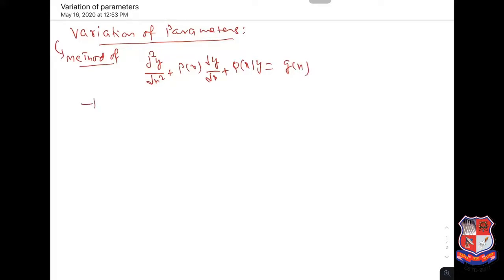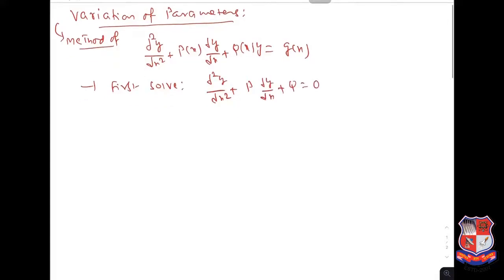Now here we first find the CF. That means first we solve the homogeneous equation. So that is d square y by dx square plus p dy by dx plus q y equal to 0. So it's a second order differential equation.